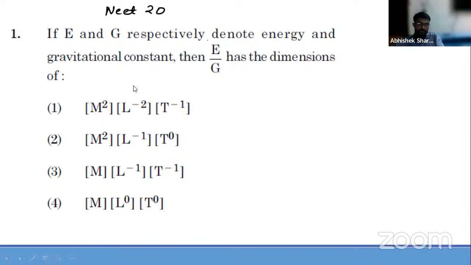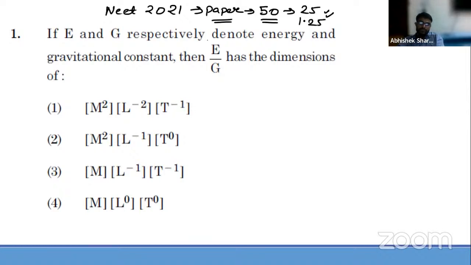It's a NEET 2021 paper, and we'll solve it. In NEET, the total number of questions is 50. Today we will solve 25 questions, and the next day, maybe tomorrow, we'll solve the other 25. So 25 plus 25 is how much? It is 50. Okay, let us start.